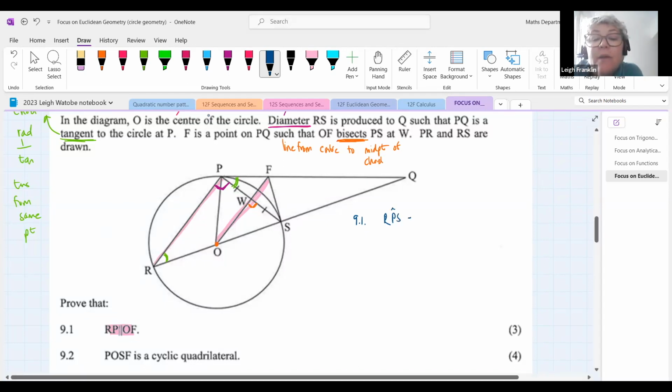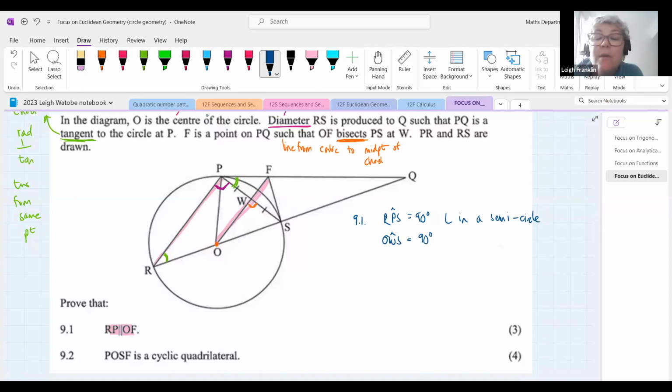So RPS equals 90, angle in a semicircle, angle OWS equals 90, line from center to midpoint of chord. Now, very important, we must conclude RPS equals OWS.